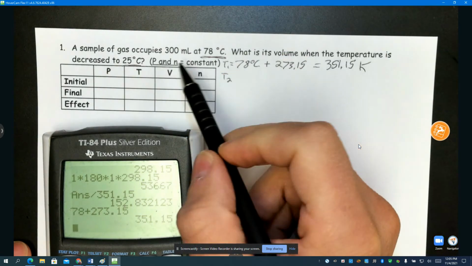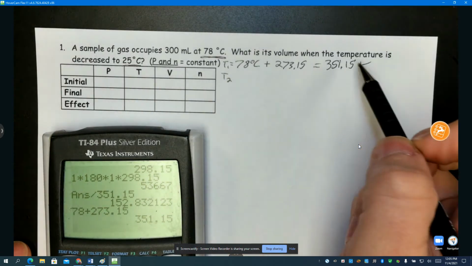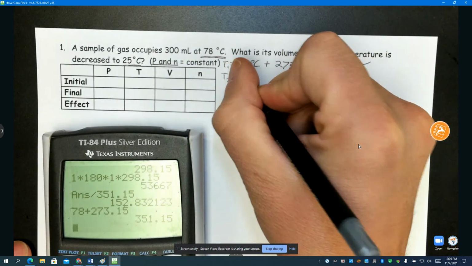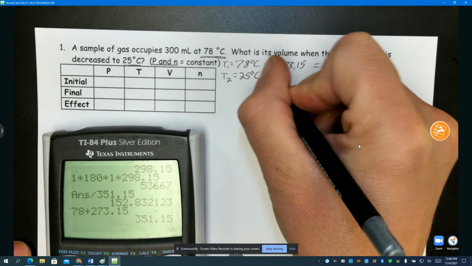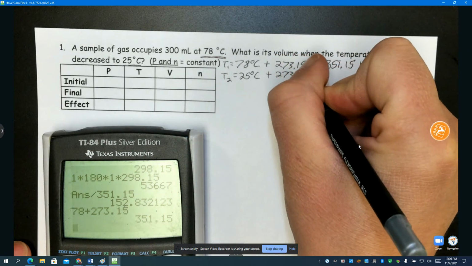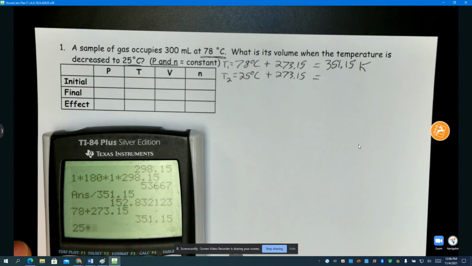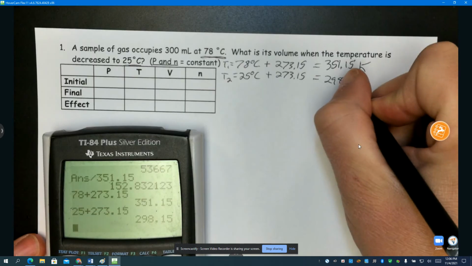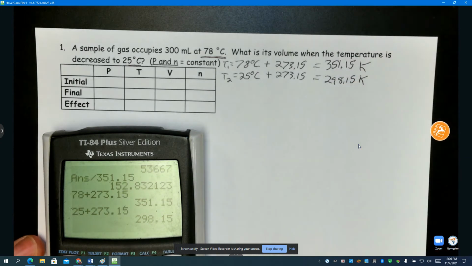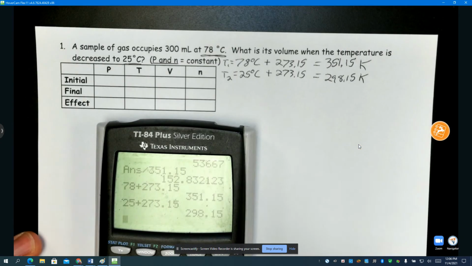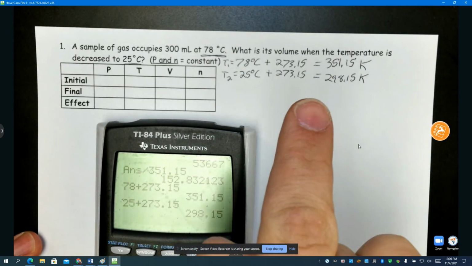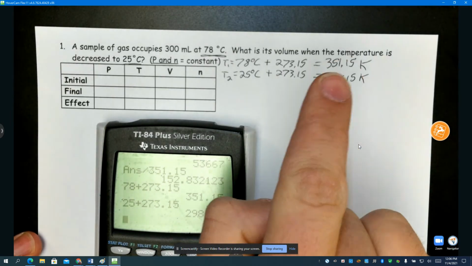Our second temperature in the problem, because it says the temperature is decreased to 25 degrees, we need to figure that one out too, because it's in Celsius as well. That gives us 25 plus 273.15, which is 298.15 Kelvin. Got to be in Kelvin because we can't have negatives. You can't make predictions with this if you have negatives.